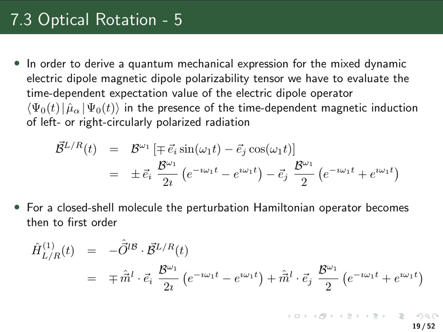And if we now consider only closed shell molecules, so there is no interaction with the spin of the electrons, just with the angular momentum of the electrons, and we only look at the linear term, so we consider it to first order, then our first order perturbation Hamiltonian is the magnetic induction times this perturbation operator, and the perturbation operator is just the magnetic dipole moment operator, the angular momentum magnetic dipole moment operator. And combined with the expression for the magnetic field for the left and right circularly polarized light, we get this expression.